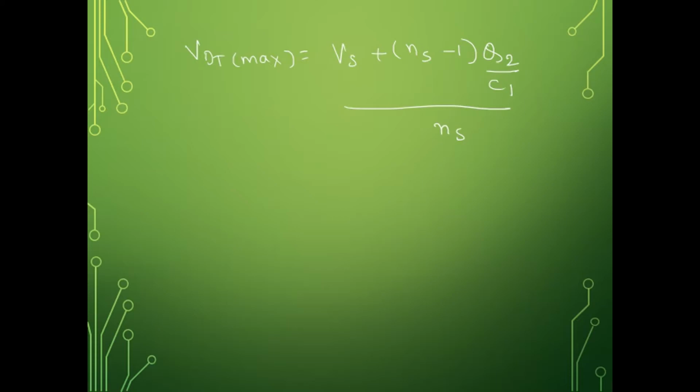Usually the reliability of the string is defined by a parameter known as the derating factor. The derating factor is equal to 1 minus string efficiency.